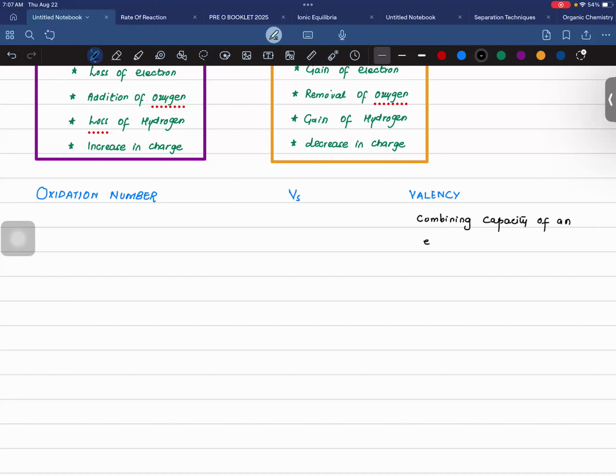Let's suppose, as you can see in the periodic table, carbon is in group 4. So carbon has a valency equal to 4. So carbon can make 4 bonds with other elements.